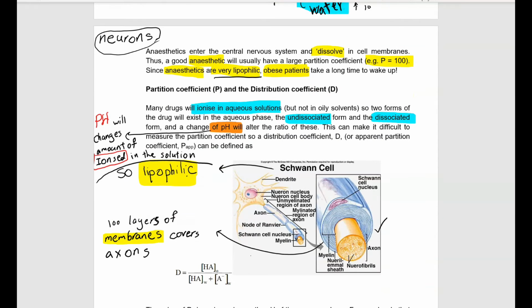Now this is your medication. It will be dissolved into your organic solvent in here, and it can also be dissolved into water.